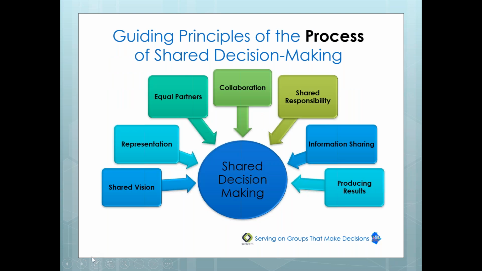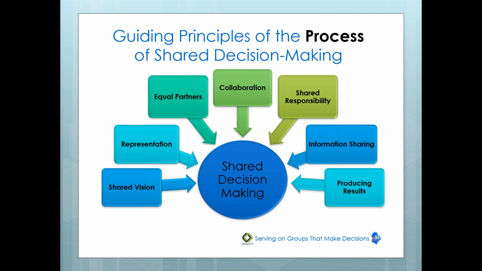So before we get into the 6 common processes that groups use, I just wanted to share with you the guiding principles that are thought to contribute to the process of shared decision making. So these guiding principles are shared vision, which means groups need to find common ground. Otherwise, each member may be working towards different goals.